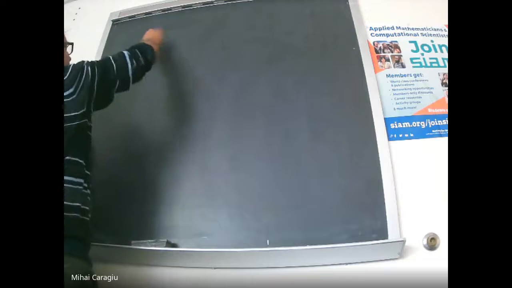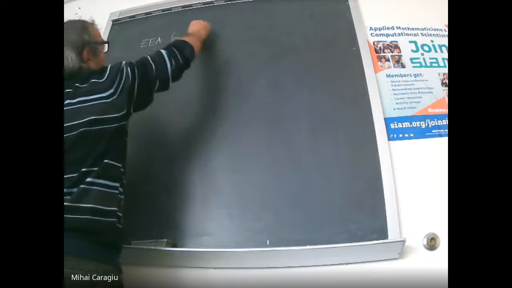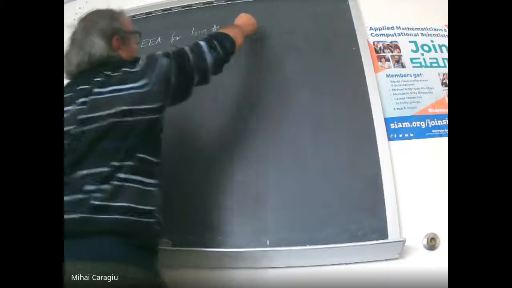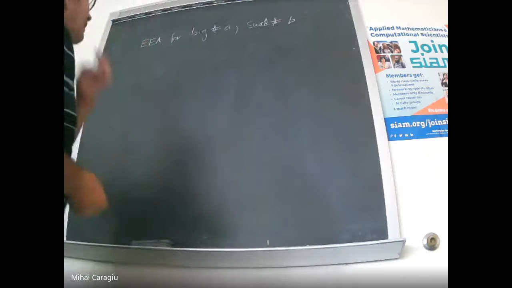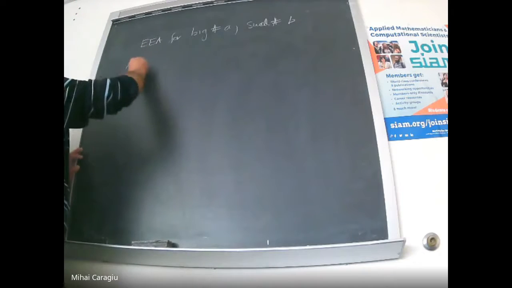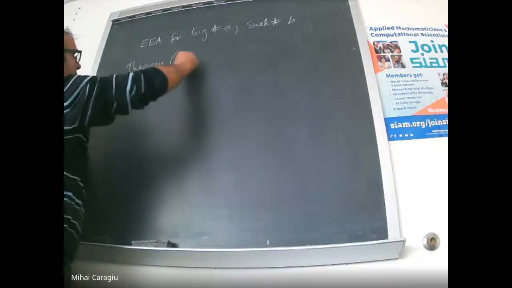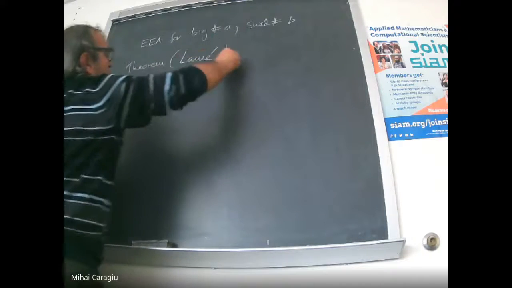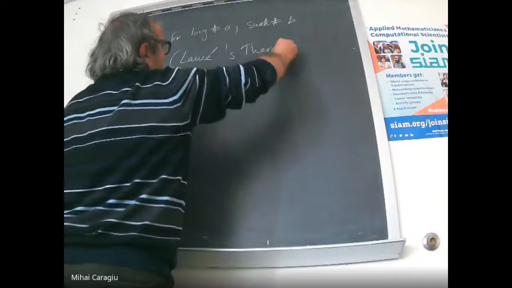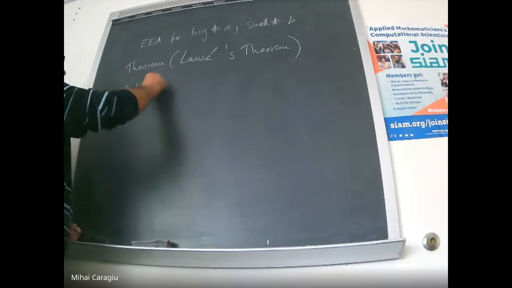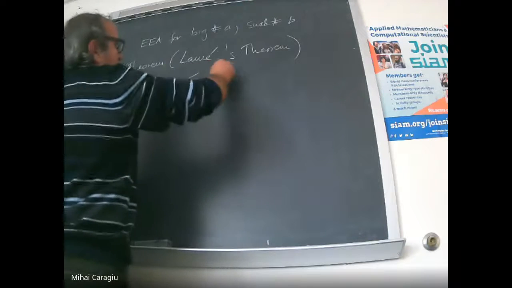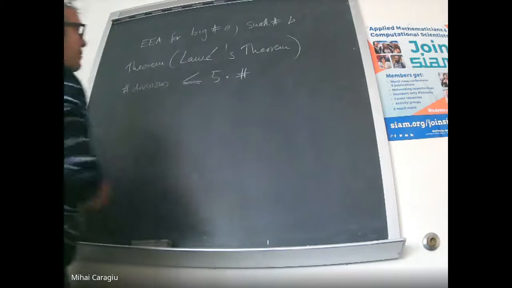If we want to execute the extended Euclidean algorithm for big number A and small number B, we have a theorem, the Lame theorem, saying that the number of divisions is at most 5 times the number of digits of the smaller number.